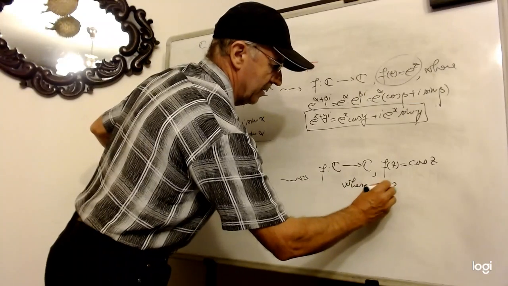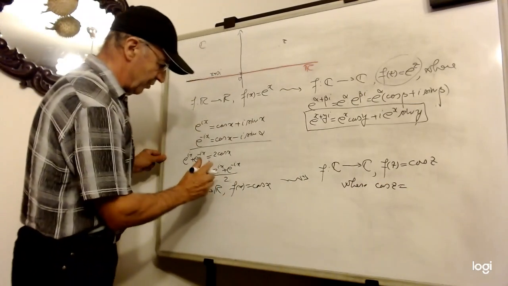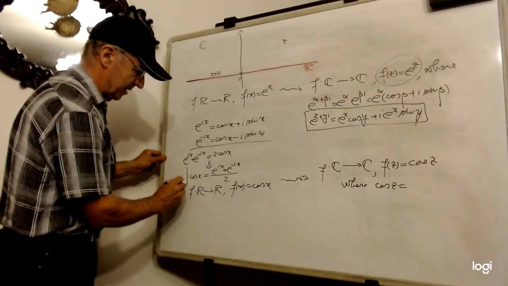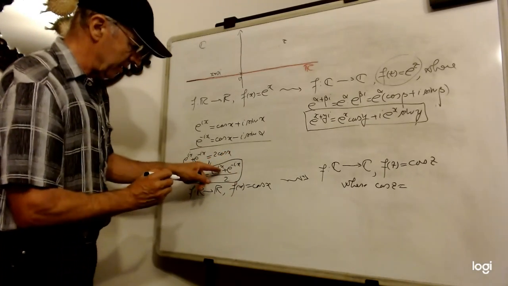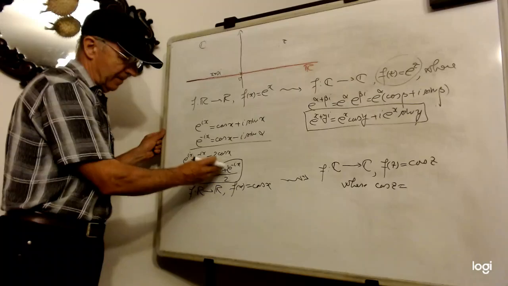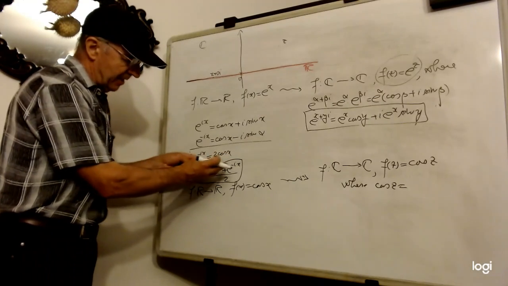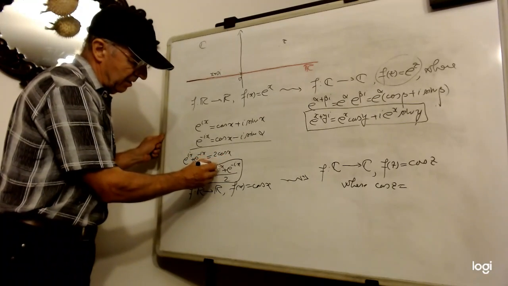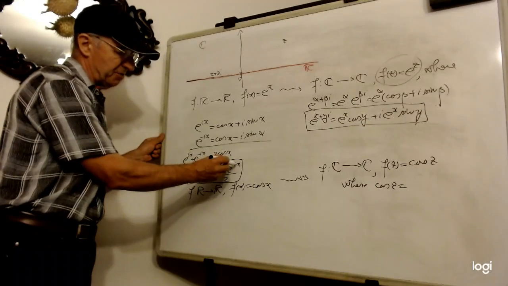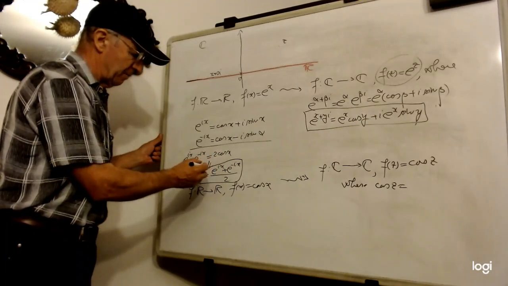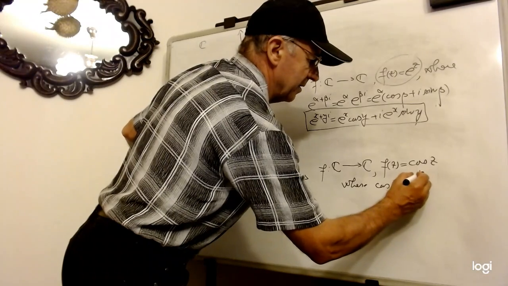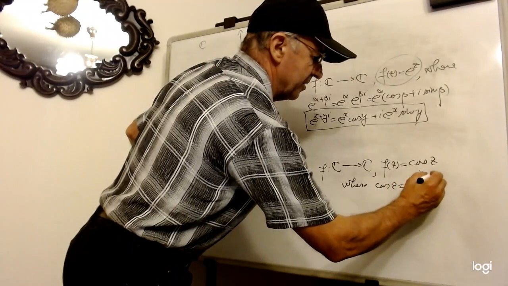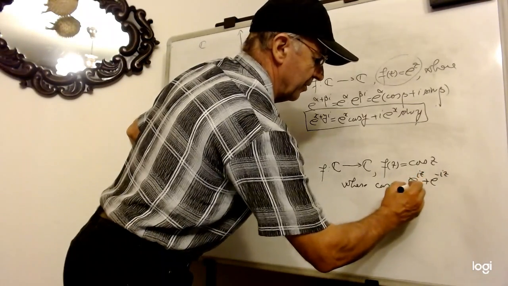We can use this expression, satisfied on the real axis, but you can remark that it can be computed when instead of x we put any complex number. So cosine of z is exponential iz plus exponential minus iz over 2.